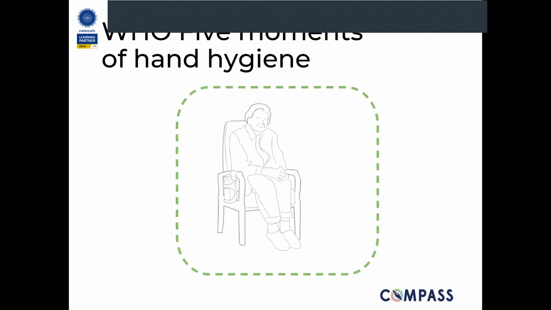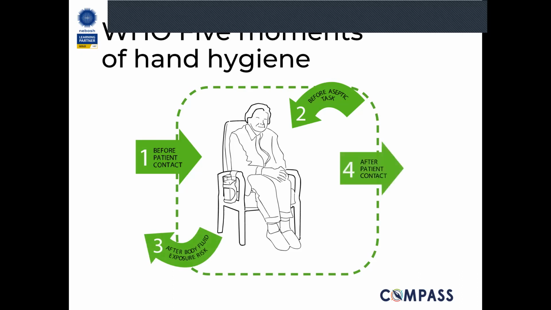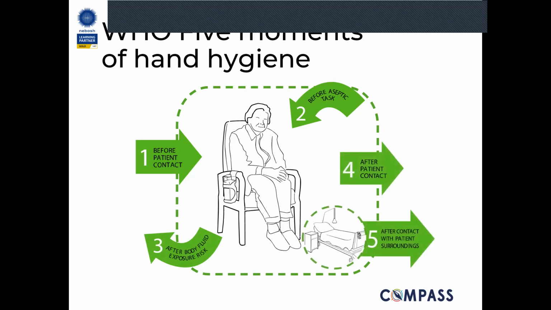The World Health Organization put together some advice on hand hygiene, and that's been applied through COVID. And the thought process is around before handling, before intimate, shall we say, close contact tasks, after body fluid exposures in their various types, after contact, and then also after contact with patient surroundings.